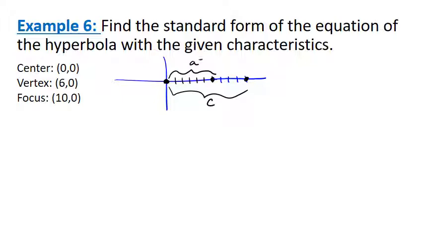So from here, I know a is 6, c is 10, so that can give me some helpful information. Additionally, this information tells me that I have a horizontal transverse axis. Since I have a horizontal transverse axis, I should know that my equation will take this form.